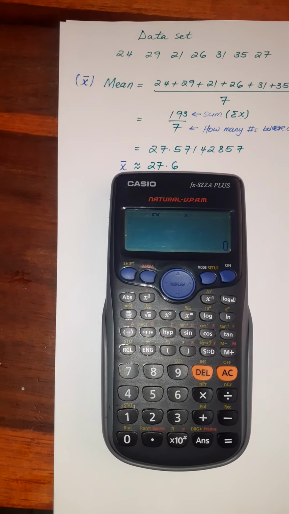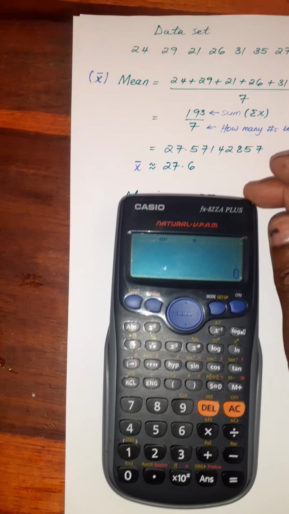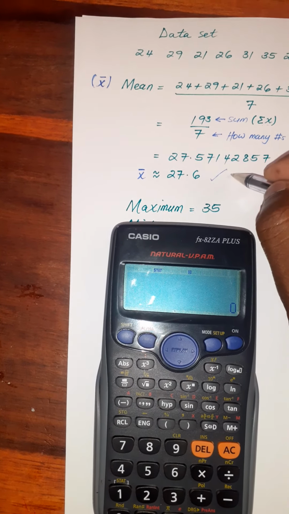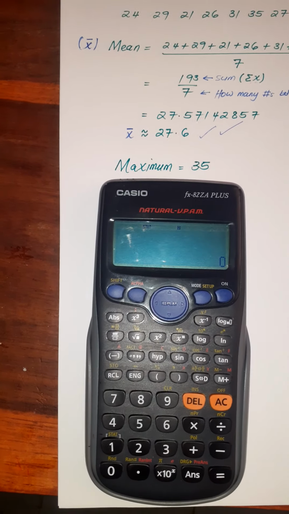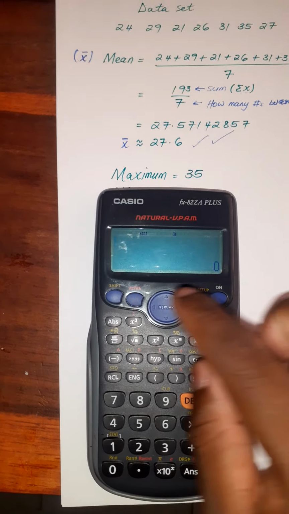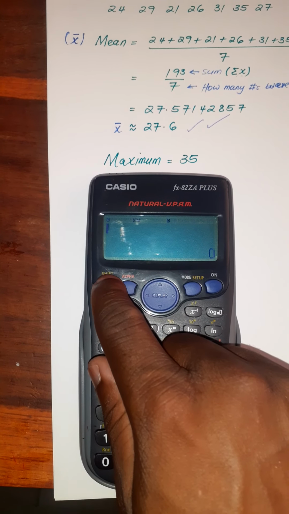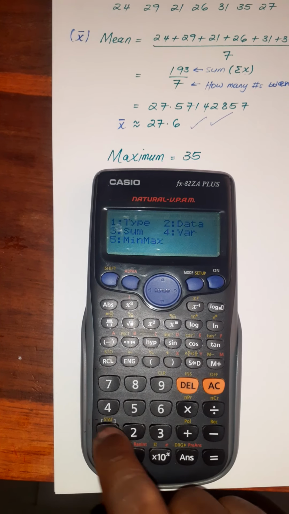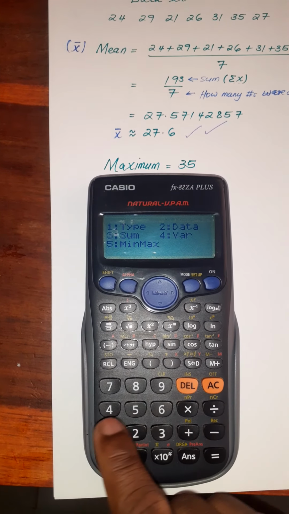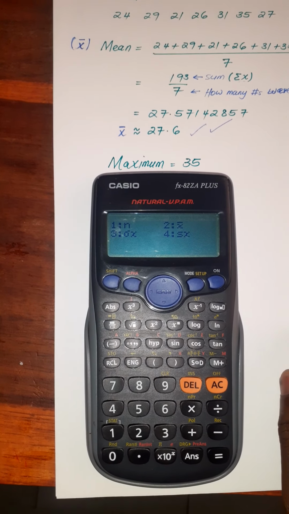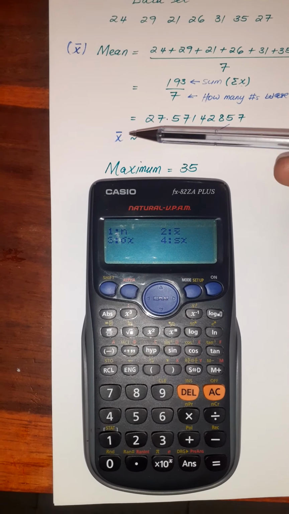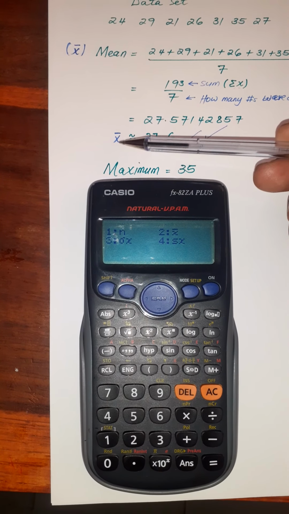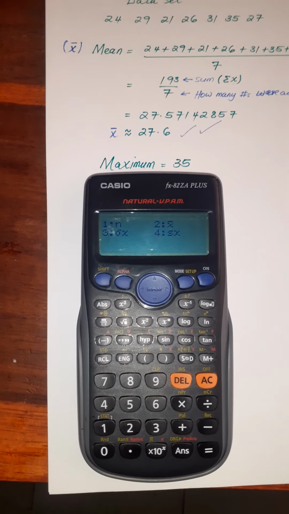What is next? Let's get the mean. Like we said, we can get this mean on the calculator as long as the numbers are punched in correctly. We still go to shift and then 1, and we go to option 4. Now the mean is indicated where you see the symbol X with a bar at the top.